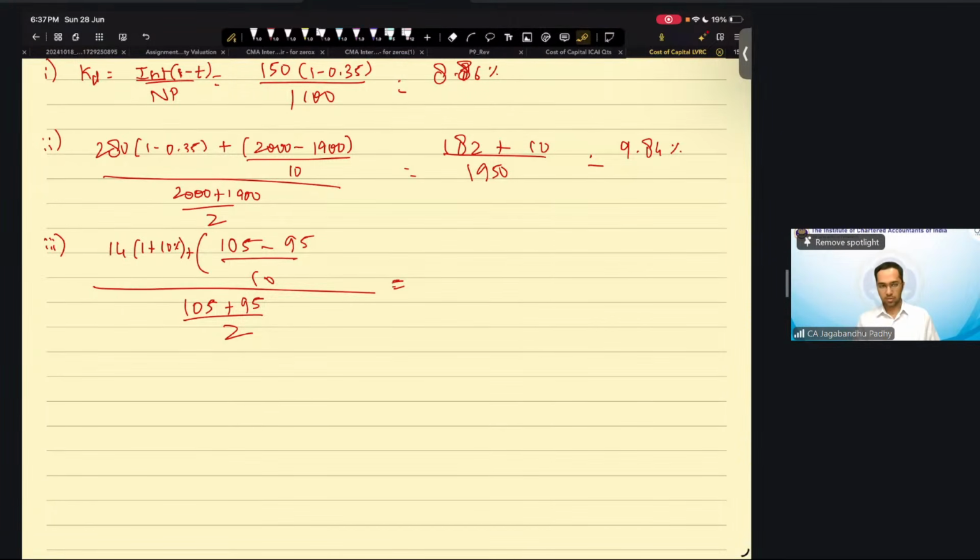Okay. So what is this? Give me the answer. That's 14 into 1.1. That's 15.4. 15.4 plus 1 divided by 100. 15.4 plus 1, 16.4 divided by 100.